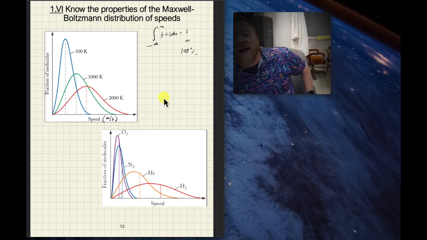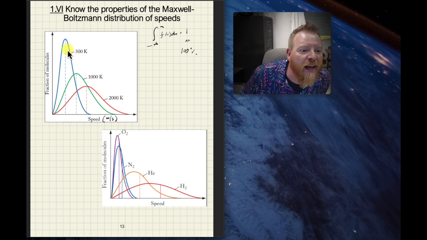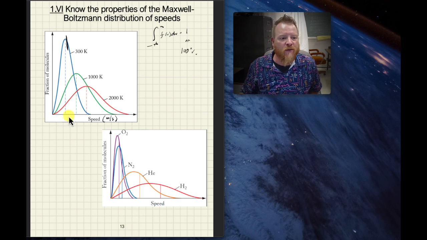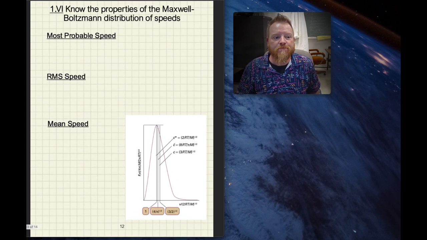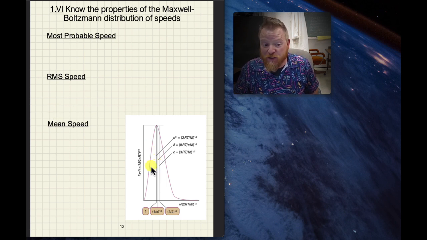So we can calculate single individual values by looking at one individual velocity, let's say, right? Like, let's say we go to that velocity, and then we can say, what is the fraction of molecules with that specific velocity? So there's 3 different ways that we can do this, because our curve here is not a symmetrical curve.